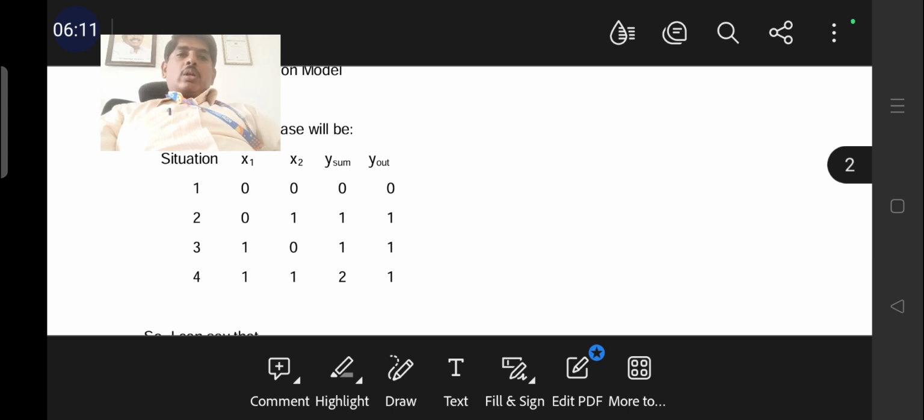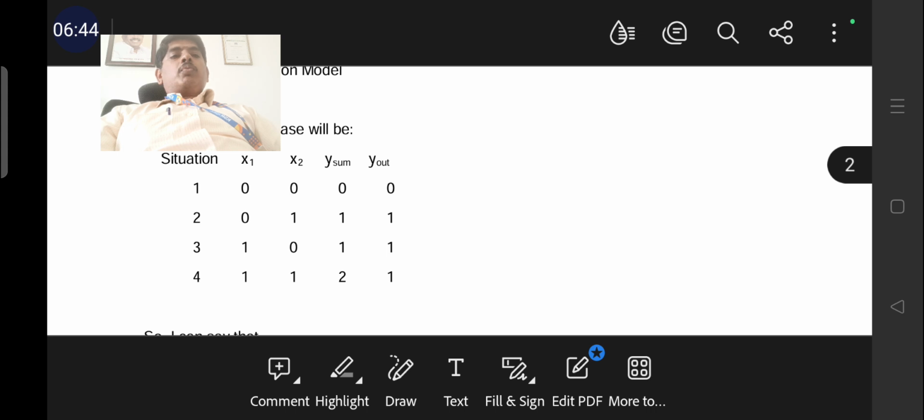The two values 0 0 mean the output is also 0. For the second situation, 0 1, the output is 1. For the third scenario, 1 0, the output is 1, and for 1 1 the output is 1. These situations exactly match the OR function.